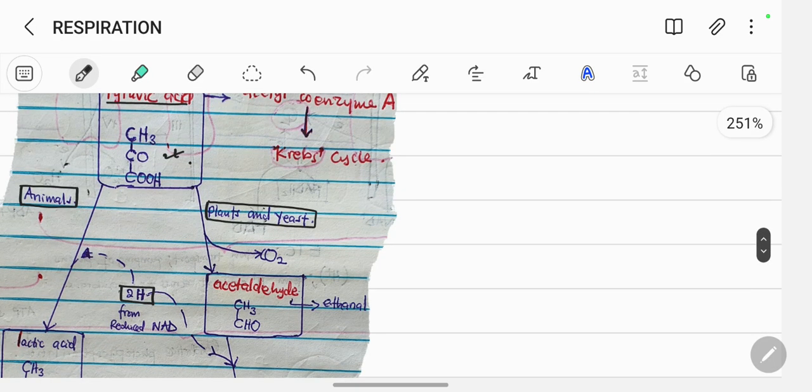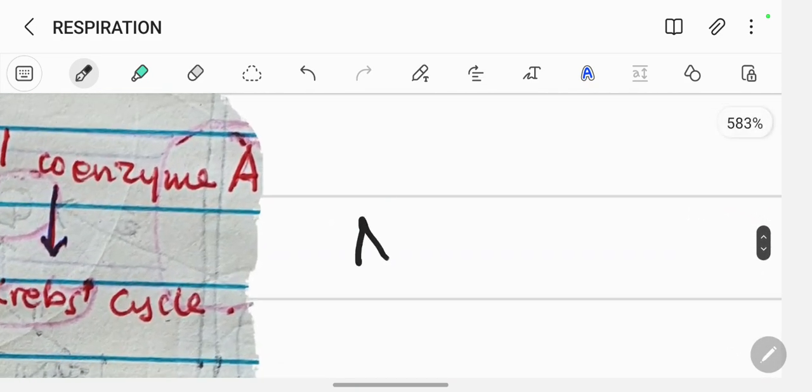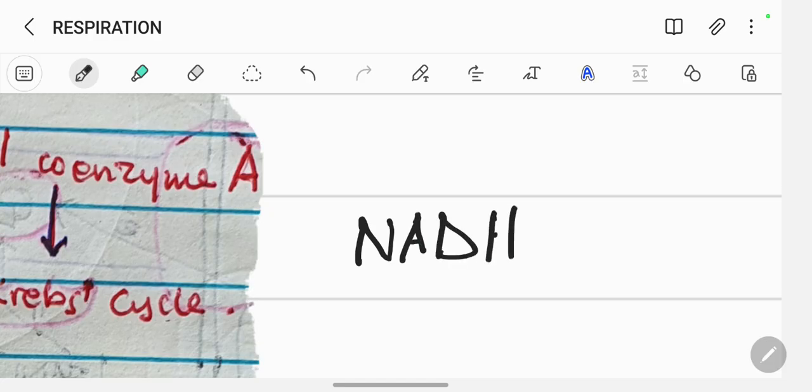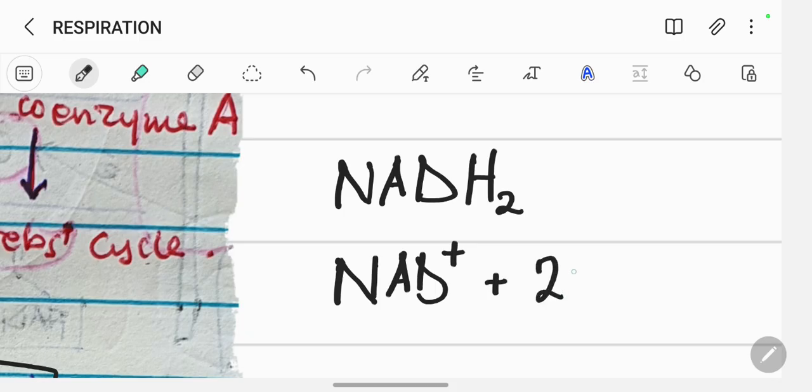So you remember that you have to first understand that NAD, reduced NAD, is of that structure. But if you try to oxidize it or to make it lose the hydrogen, it's going to be oxidized NAD and 2 hydrogen ions.